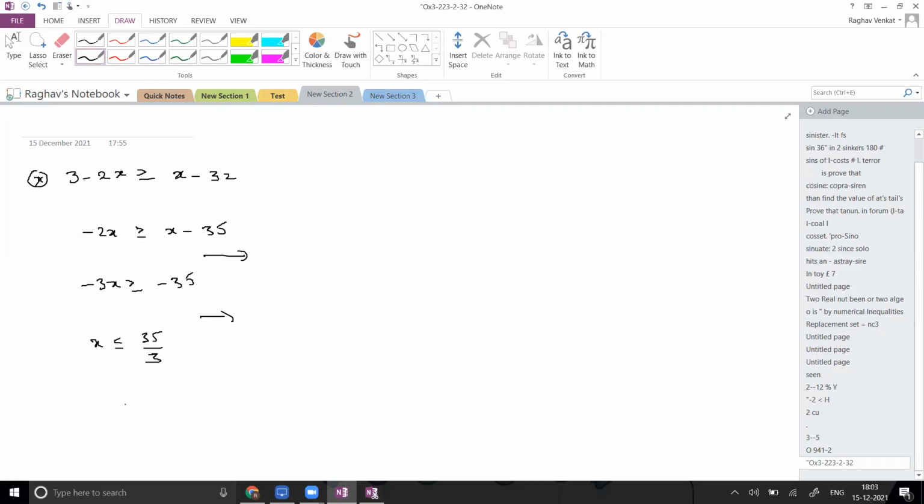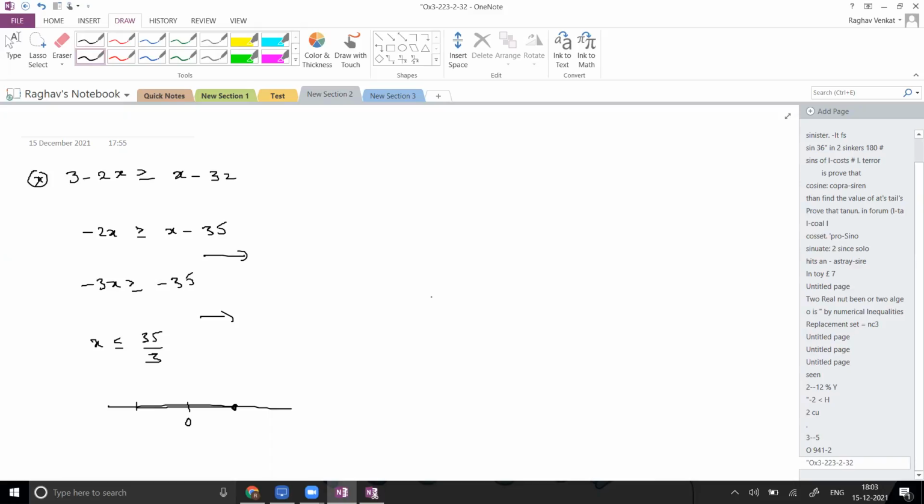So if I ask you to represent on the number line, this is 0 and all the values less than 35 by 3 will come under it. Sometimes they will use a replacement set. They will say here x belongs to natural numbers. So what do you have to do in that case? 1 to 11. How?